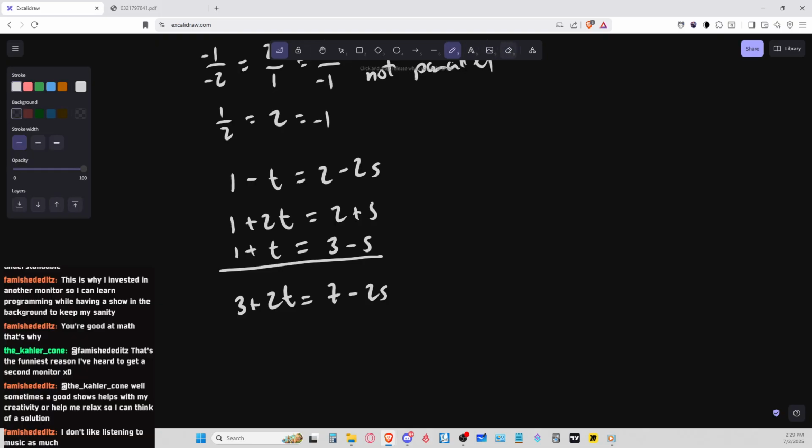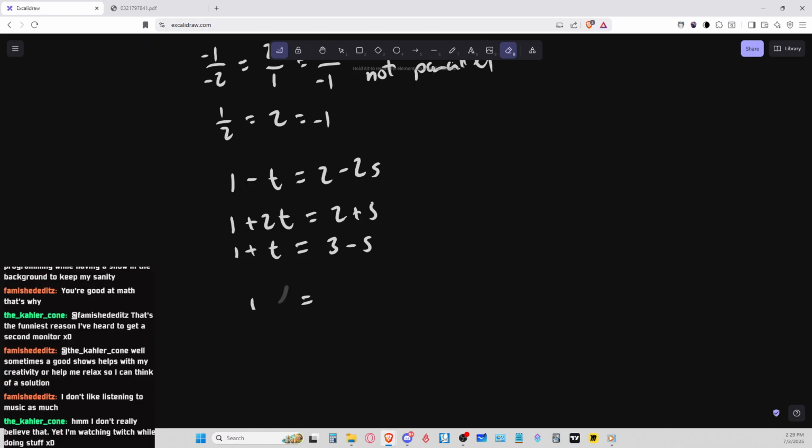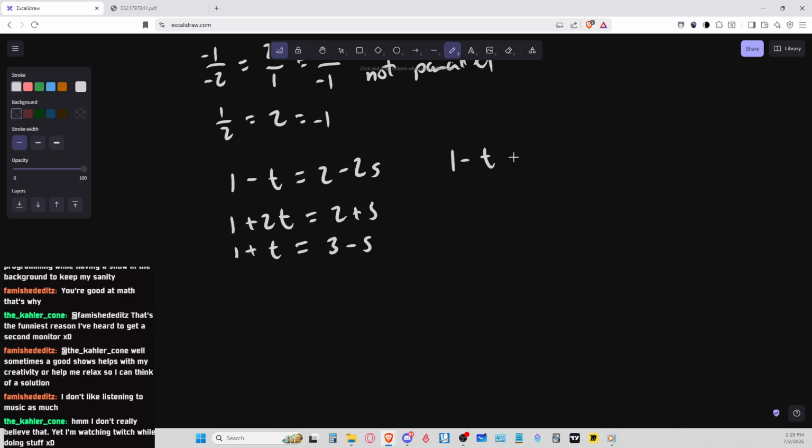Yeah, maybe I'm not doing this right. Because I think we're gonna have to do the linear algebra approach, where we have multiple variables. So, plus 2s that equals 2, and then plus 2, and minus s, which equals 2. Then we have 1t plus s is equal to 3.